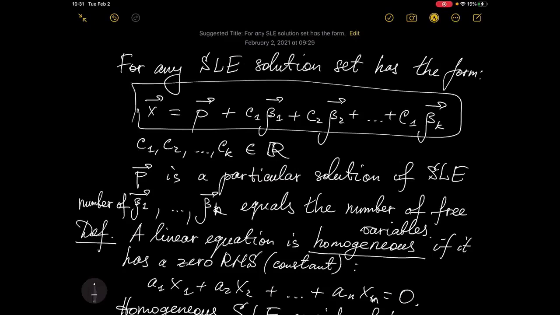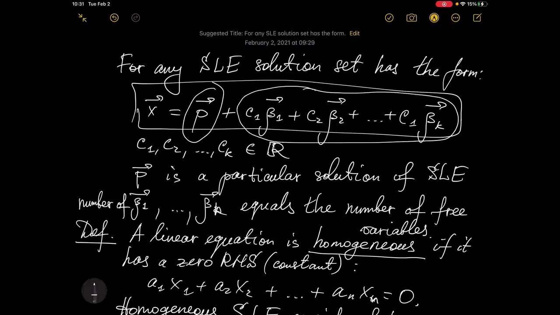So essentially, by proving these two lemmas, we have proven the theorem which we formulated at the end of the last lecture: any solution of the system of linear equations has the following form: some particular solution plus a linear combination of some vectors.